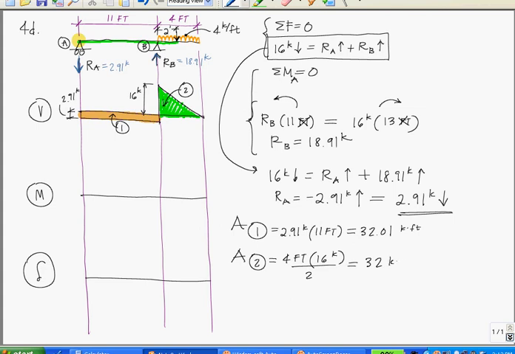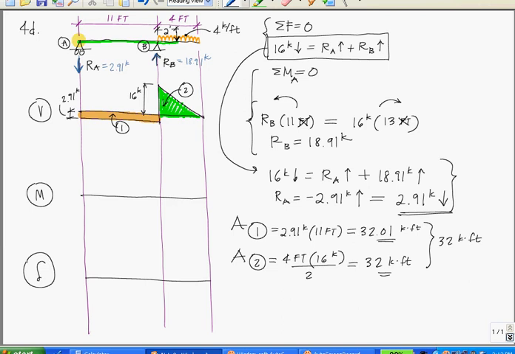The units are kips times feet, 32 kip feet. Now, theoretically, these areas should be exactly the same. We have a small rounding error. This is because we rounded off the reactions. So for our purposes, let's just call it 32 kip feet for both of these areas.